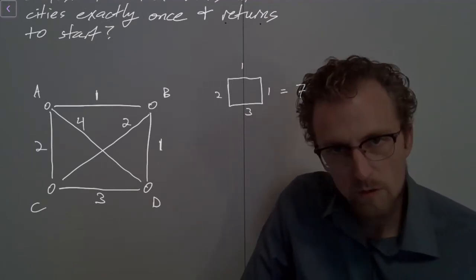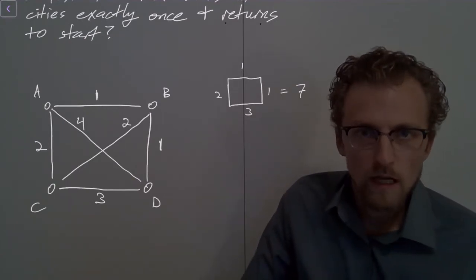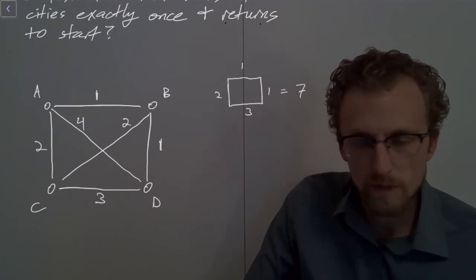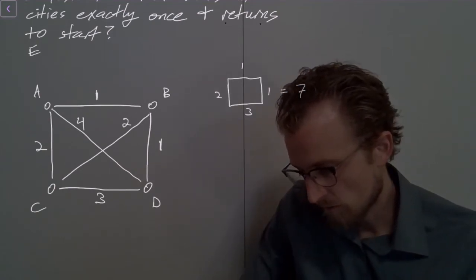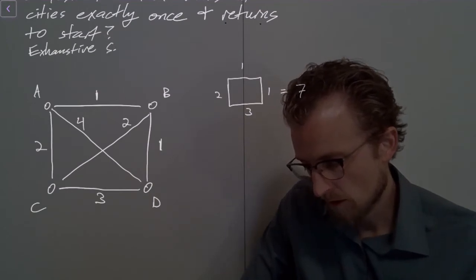So as the number of nodes gets large, n factorial gets very, very large, and so doing an exhaustive search kind of bankrupts you almost immediately. So just to have this as a note here, exhaustive search is an order n factorial algorithm.